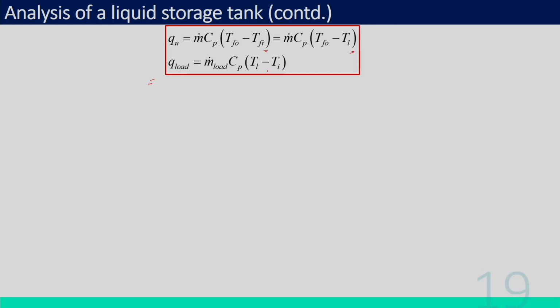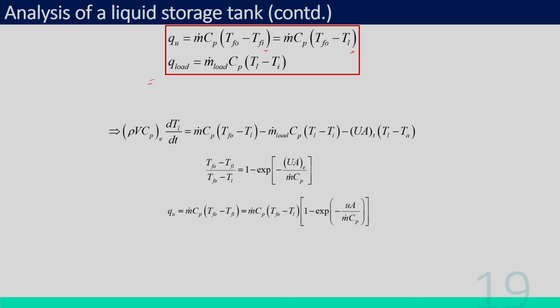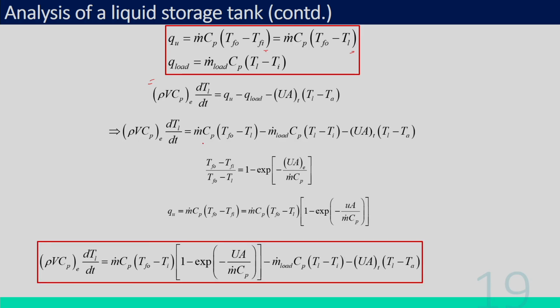So that way we can relate this QU and Q load in terms of inlet and outlet fluid temperature. So if we recall the expression and substitute, then we will get this expression, and then if we substitute these values, it will be something like this, and then finally our expression in terms of the fluid inlet and outlet temperature will be something like this, okay.